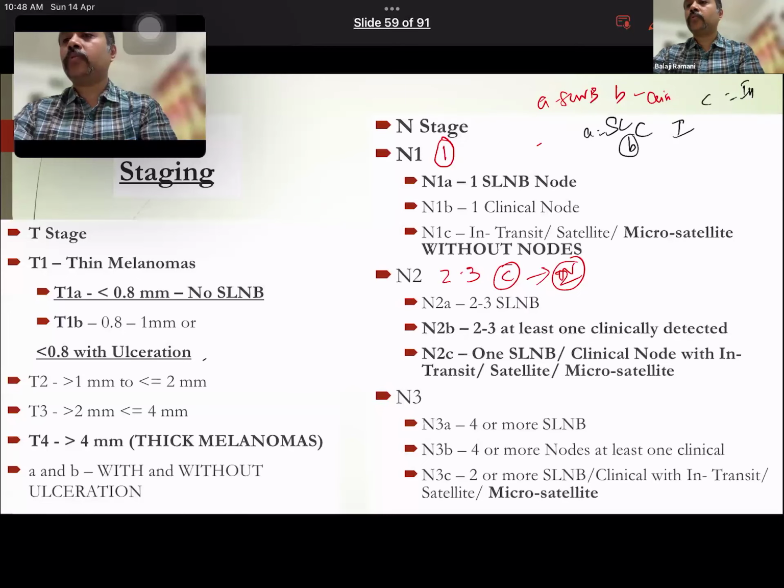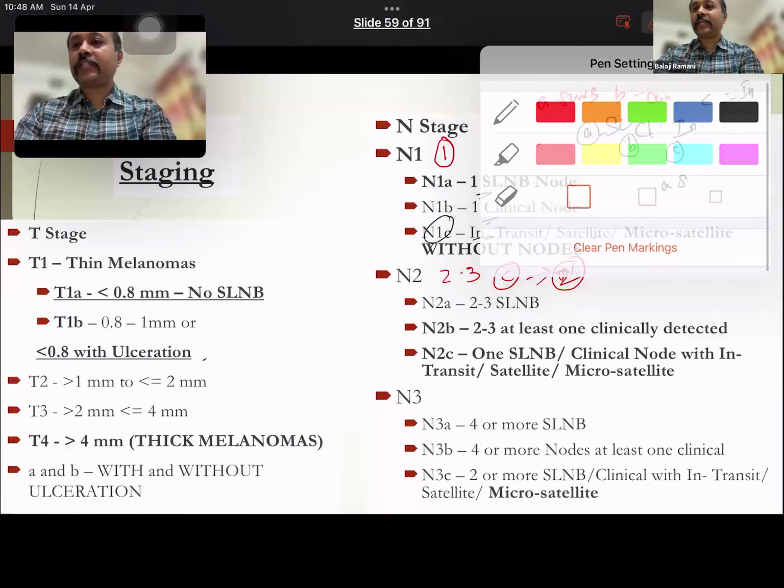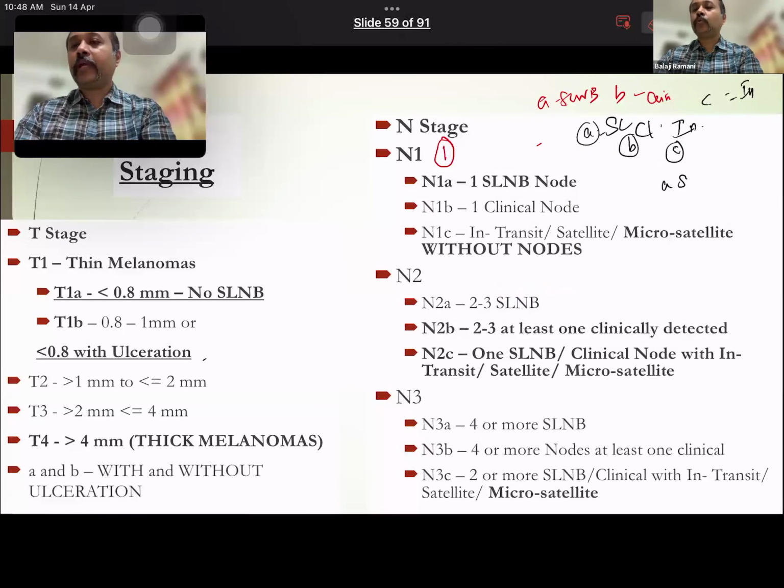B is equal to clinical, CL. I is equal to in transit. That is your C. So that is your N2 ABC. Now N1 is what? N1A is equal to 1 SLNB, N1B is one clinical node, and N1C is one in transit without any other nodes which are found. Now, when you apply the same category to your N2, what will happen?